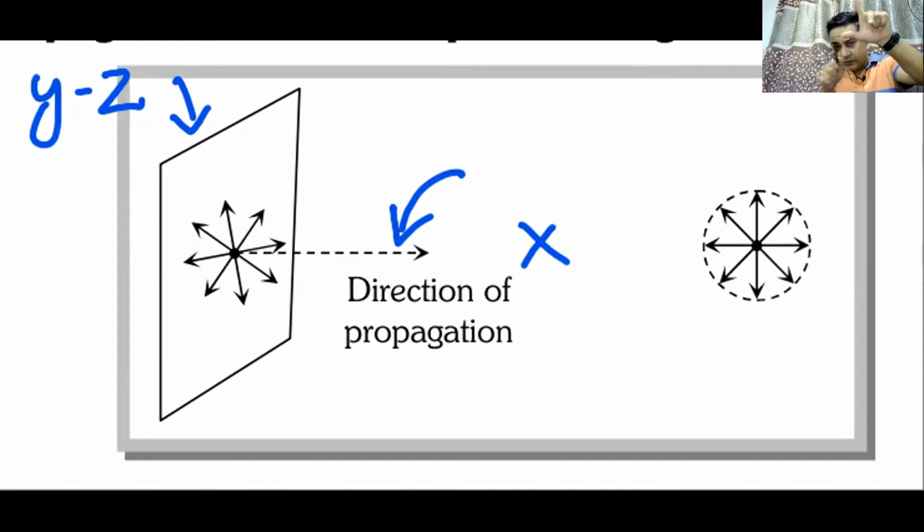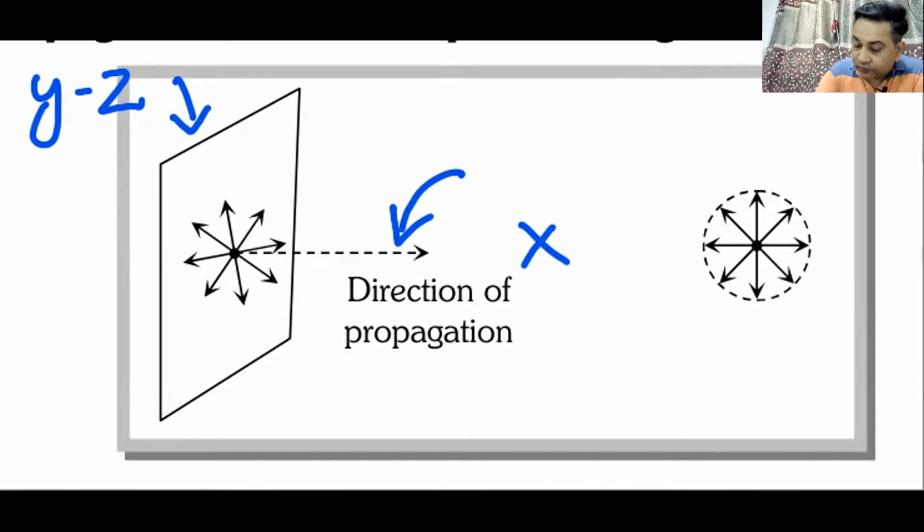If light is moving in this direction, it may happen that the electric field will be in this direction and the magnetic field will be in this direction. Do we understand this? Yes, sir. So all these three are mutually perpendicular, but right now I am not talking about the magnetic field. Let us only concentrate on the electric field, because the electric field is very strong as compared to the magnetic field.